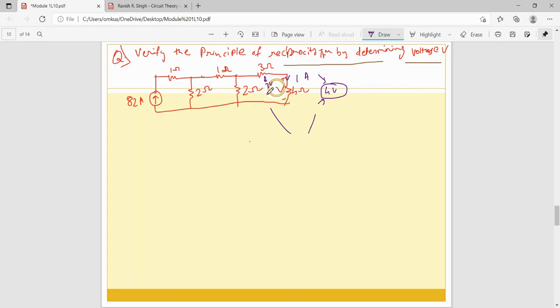So the voltage for this branch is 3 plus 4, equal to 7 volt, right? 7 volt. Now see, this 7 volt appears across this potential, this potential V. So this is your 7 volt.